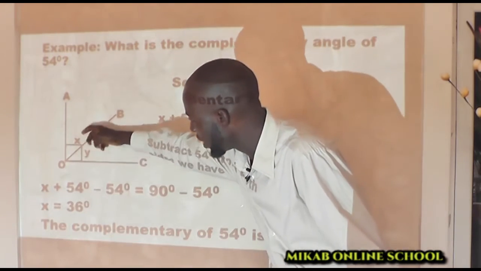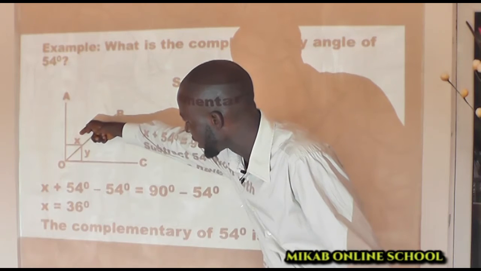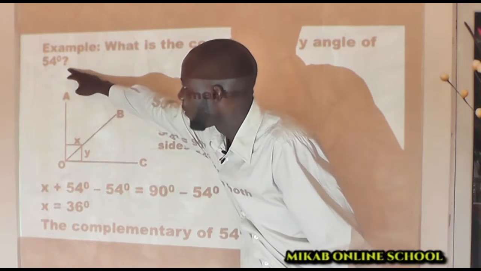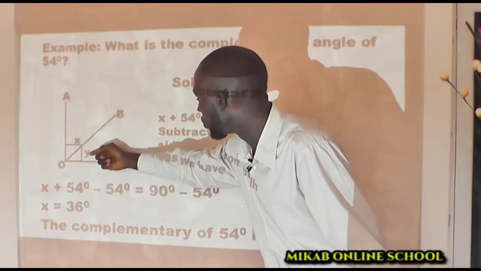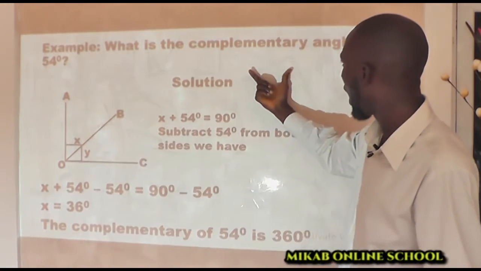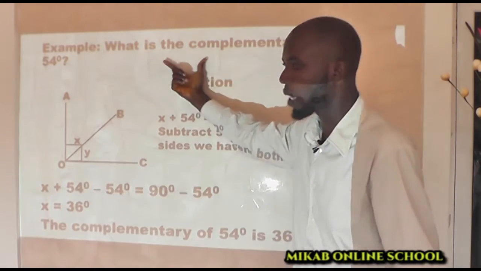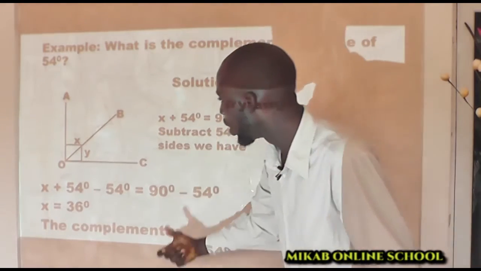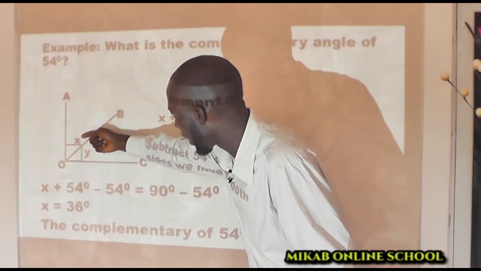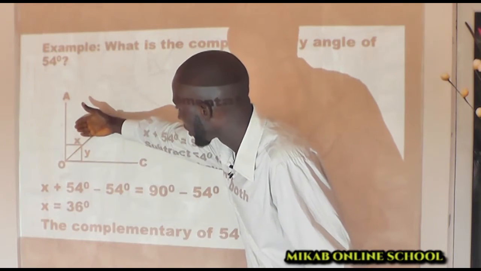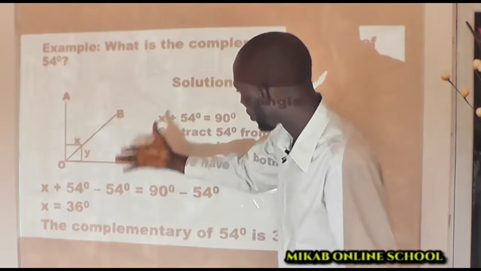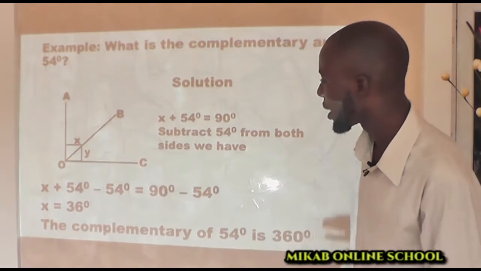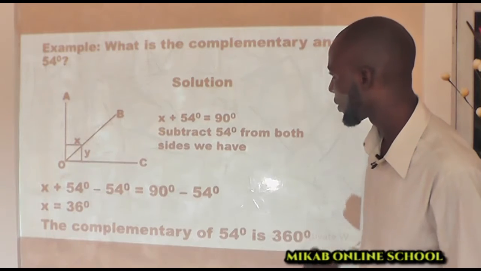In the case of this x, if you now represent this x to be 54 degrees and y to be the other angle which we are asked to calculate, the summation of the two must be equal to 90 degrees.